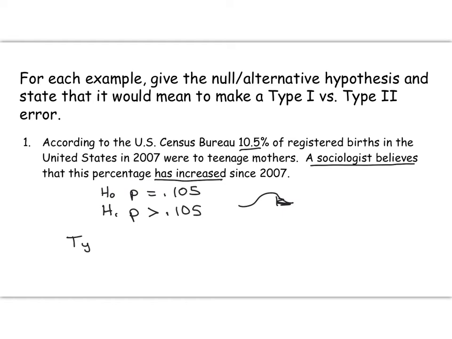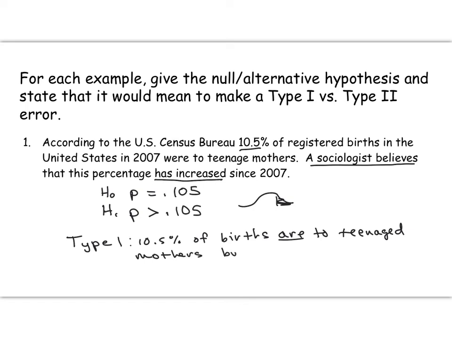And a type 1 error would be that 10.5% of births are to teenage mothers, but the sociologist thinks that the percentage is higher.